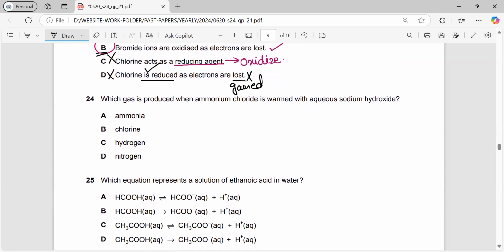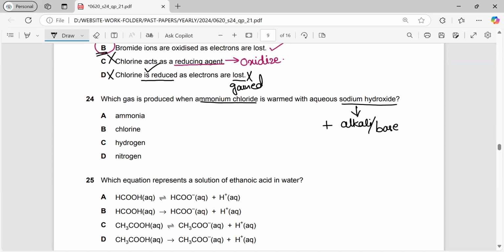Which gas is produced when ammonium chloride is warmed with aqueous sodium hydroxide? Now, sodium hydroxide is an alkali, or a base.